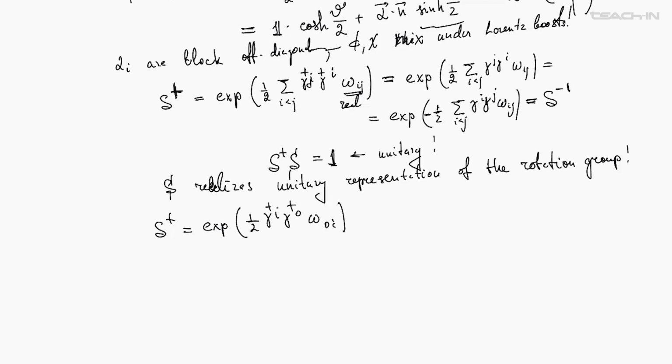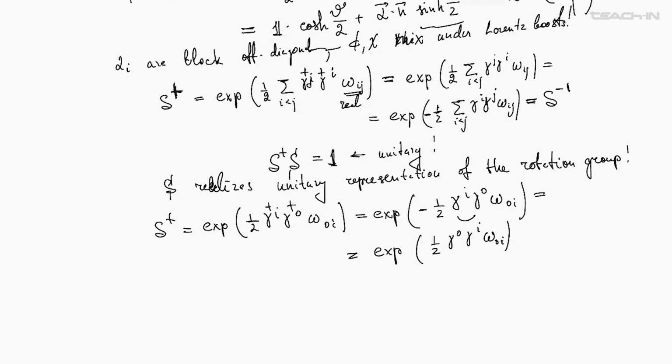So I get minus 1/2 gamma I, gamma 0, omega 0I. Then I anti-commute the matrices gamma I, gamma 0 by using the Clifford algebra. So I will get 1/2 gamma 0, gamma I, omega 0I, from where you see that what I have obtained is the matrix S itself.